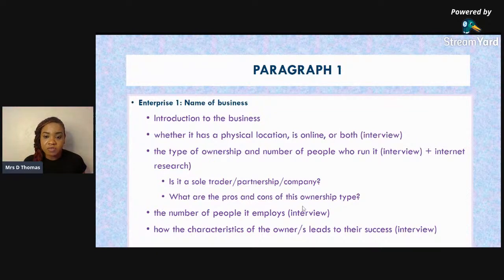Those are skills: time management skills in terms of how they prioritize everything. Characteristics is, are they a people person?